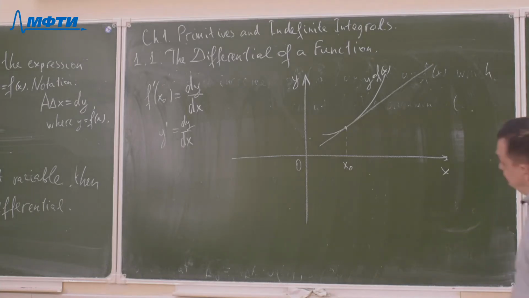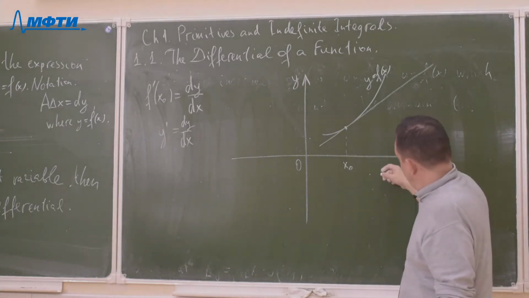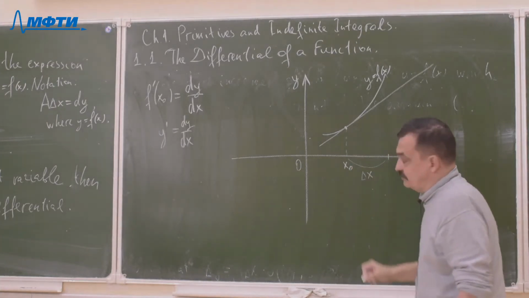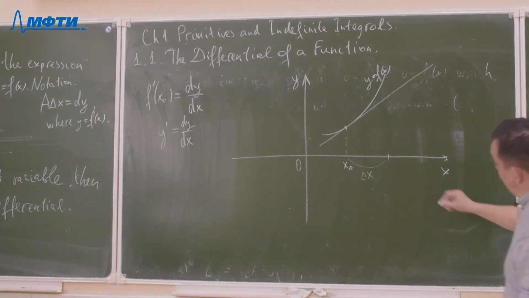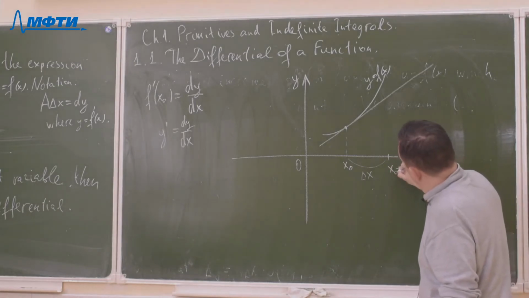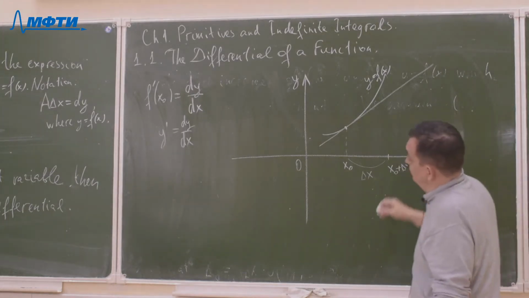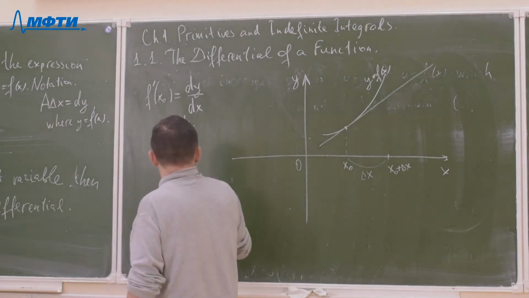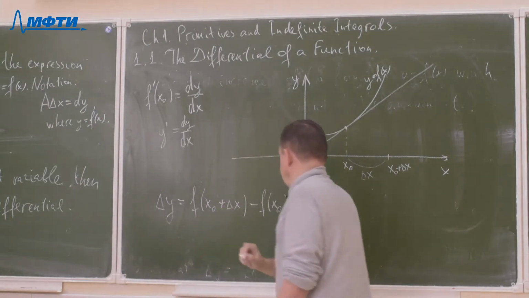Now look, suppose we give an increment, delta x, of the variable x. So here is the point x naught plus delta x. Then what is delta y? Delta y is f of x naught plus delta x minus f at x naught.